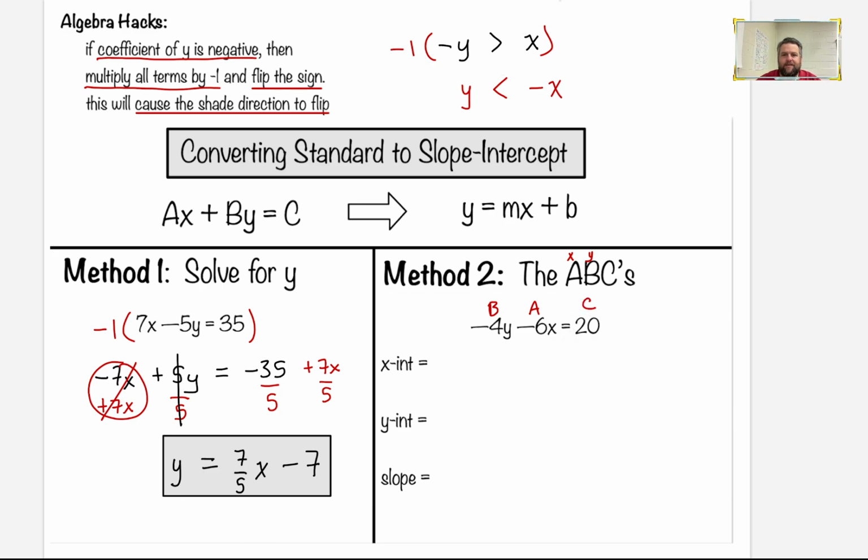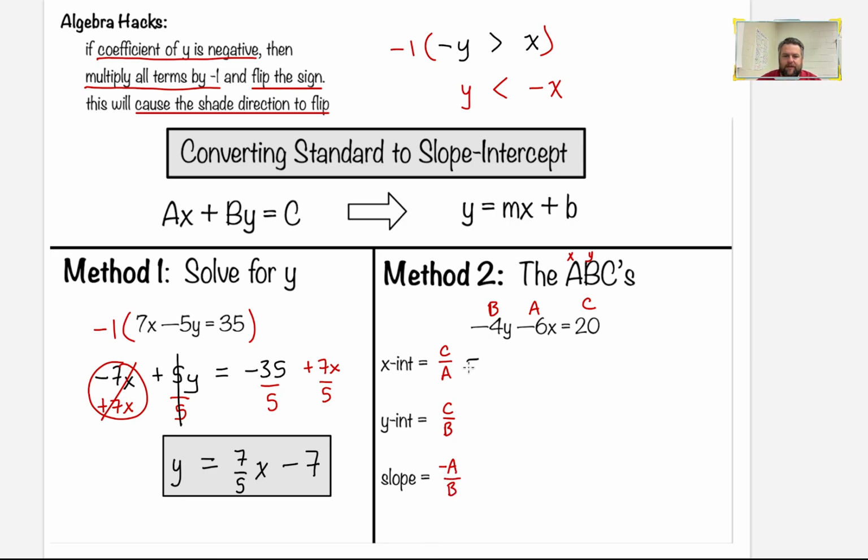To find your x-intercept, which we won't need in order to convert to slope-intercept, but it's still good practice to find it, we take C over A. To find the y-intercept, we're going to take C over B. And to find the slope, we're going to do the opposite of whatever A is. So we're going to change the sign. If it's positive, it becomes negative. If it's negative, it becomes positive. And we're going to put it over B.